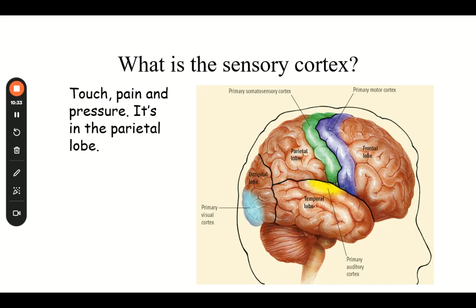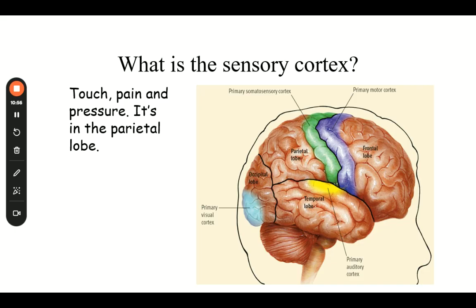So this is where you get touch and pain and pressure sensations. So imagine if you had a stroke and your left arm goes numb, the left side of your face goes numb. So that means you're having a stroke on the right side of your sensory cortex.